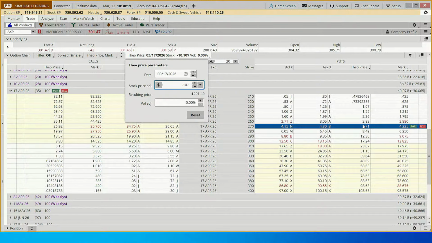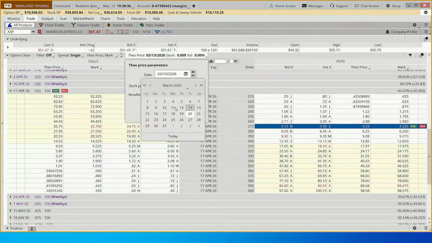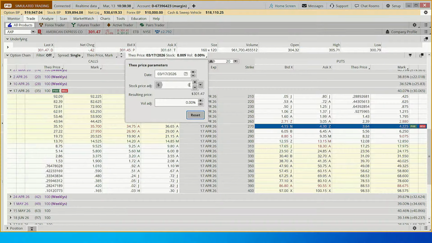That this option might be worth in the neighborhood of 571. So if I take 571 and divide it by 430, that's about a 32% return. Now, what if instead of going down by that amount, by next Wednesday or Tuesday, it went up by about 10 bucks?